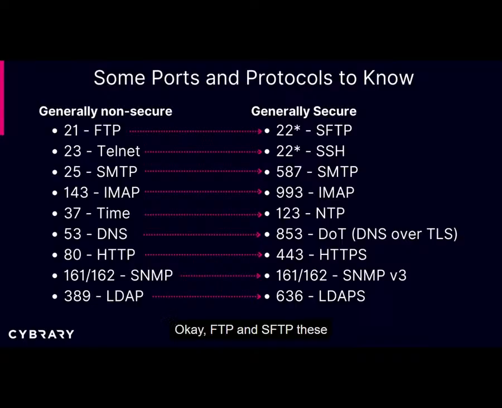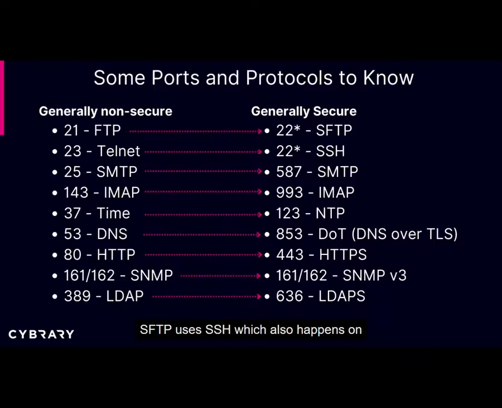Okay, FTP and SFTP. These are easy to me because the name tells you what they are: File Transfer Protocol and Secure File Transfer Protocol. You guessed it, these are for transferring files. I think about these when I need to deliver a file that's really large and I use something like Box or Dropbox. These protocols are on ports 21 and 22.